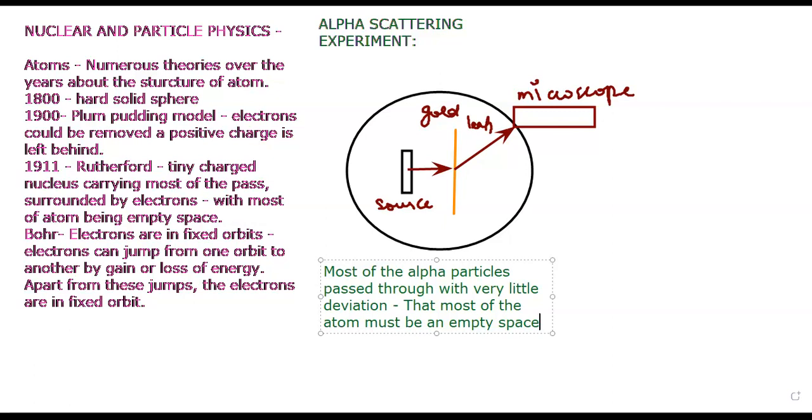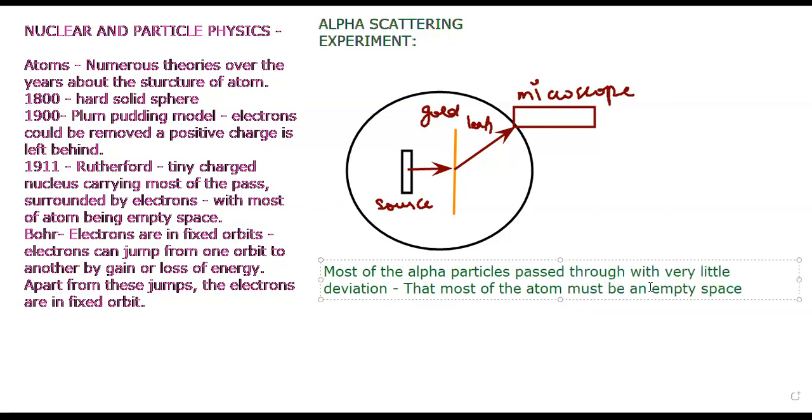But the majority of them simply passed through, right? So far, this is what they expected. They expected that the alpha particles would simply pass through. So they said, okay, fine, this is what we were expecting as well.